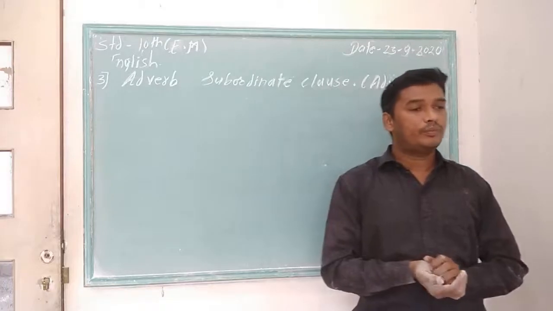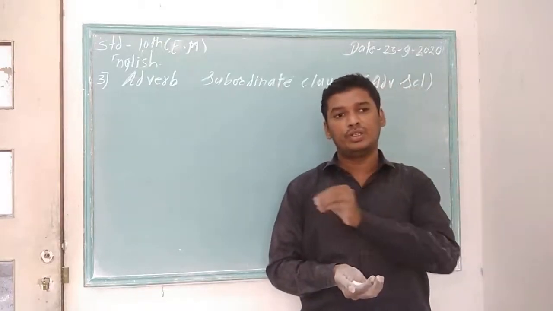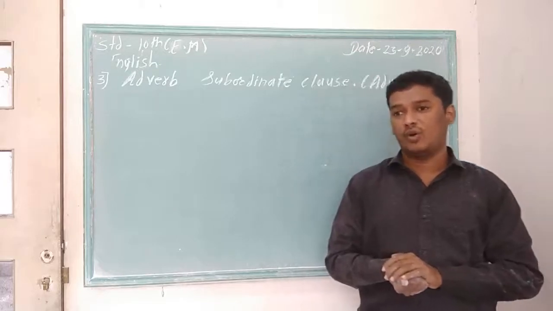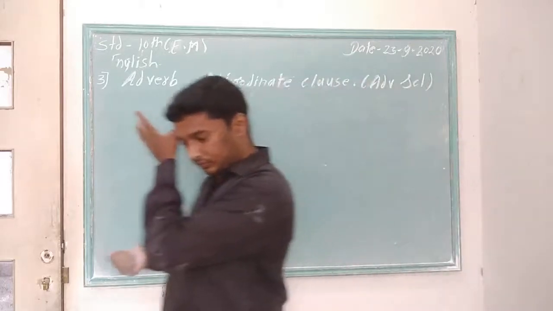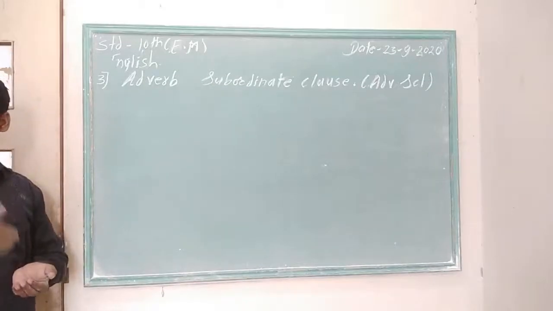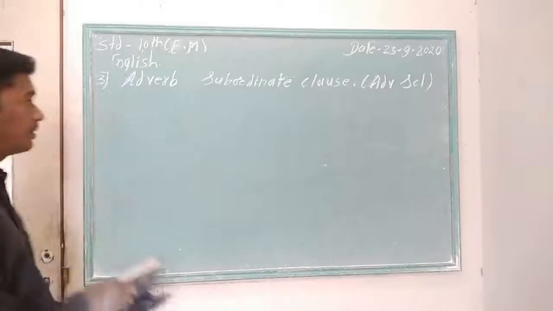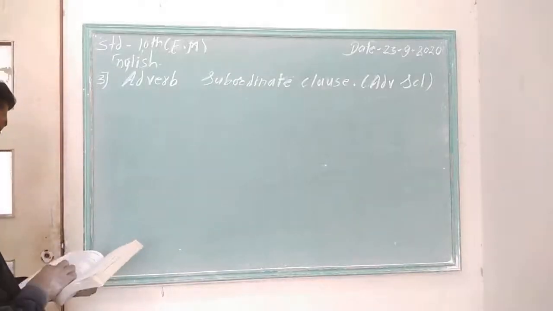The same information, the same feature should be used to identify an adverb subordinate clause. I will write some sentences here, then I will explain how to identify an adverb subordinate clause. Don't write examples.